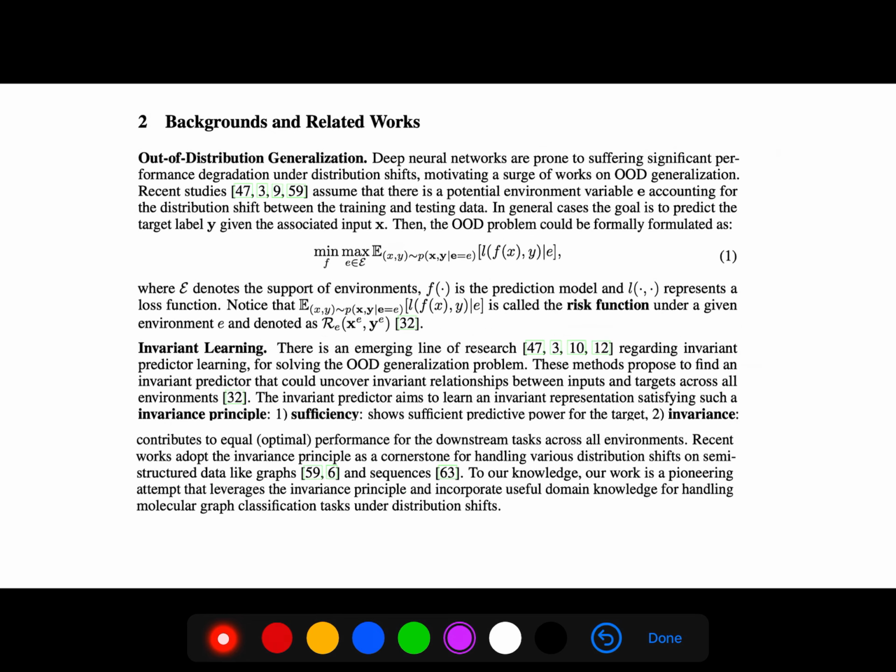So you know about out-of-distribution generalization, this min-max of expectation of the loss. And this expectation is often called risk function, because in different environments, you can define this risk function conditioned on the environment. We can minimize the maximum of expectation of loss.